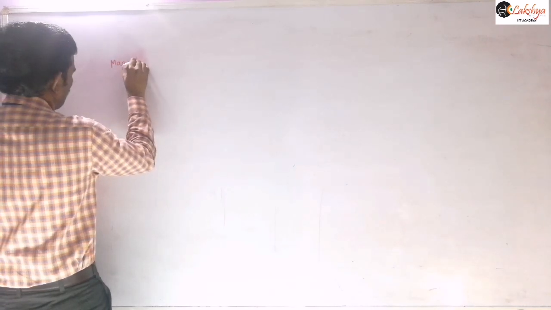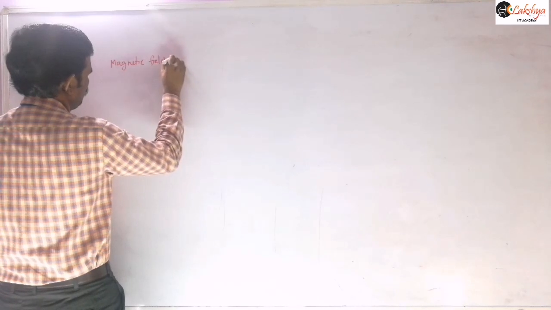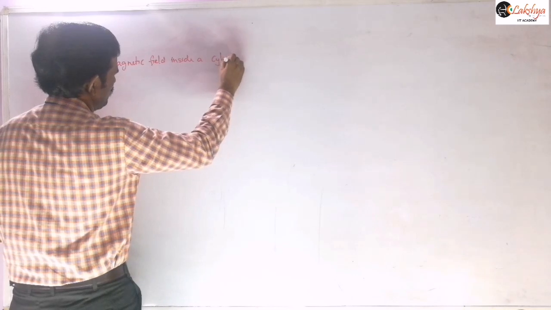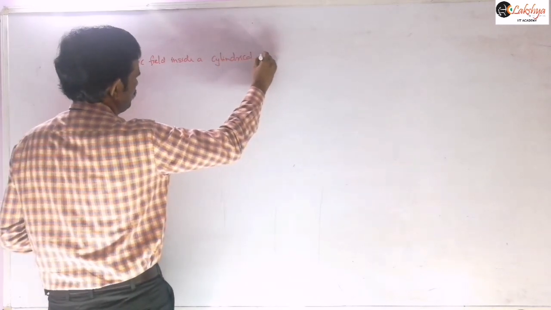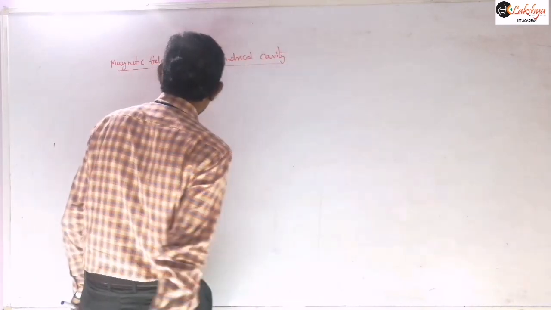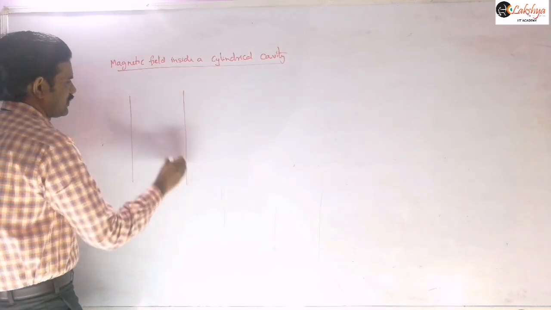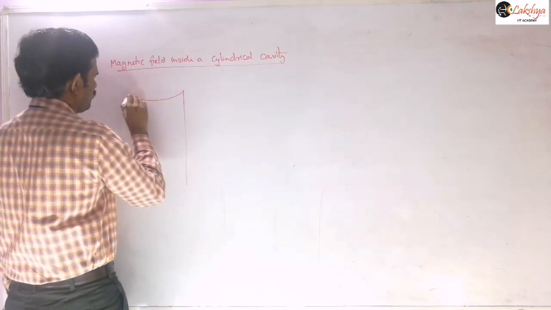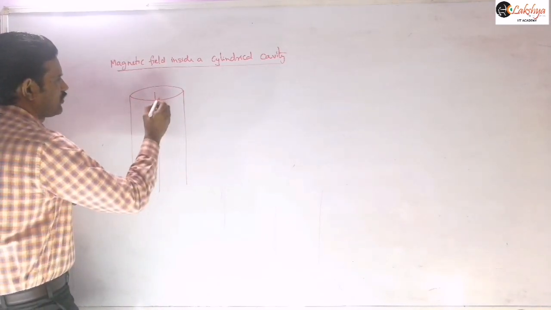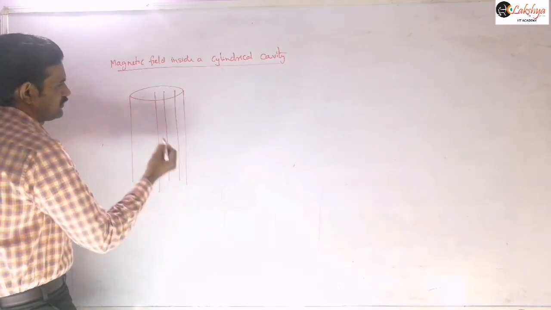So this is the magnetic field inside a cylindrical cavity. Now we are taking a long cylindrical tube, and there is a cylindrical cavity in this cylinder.